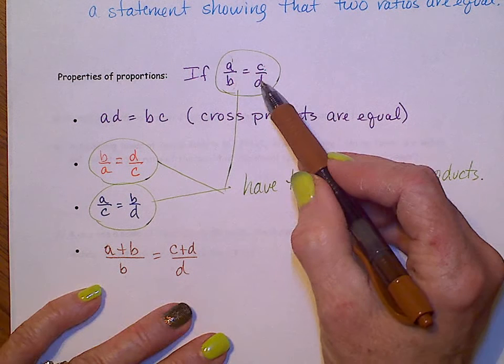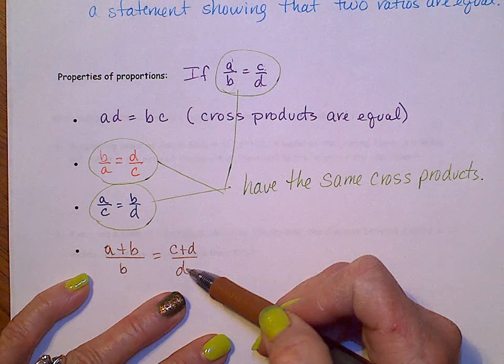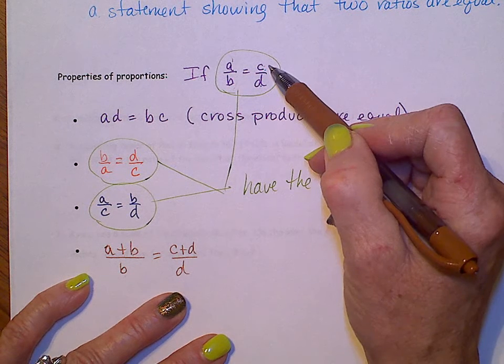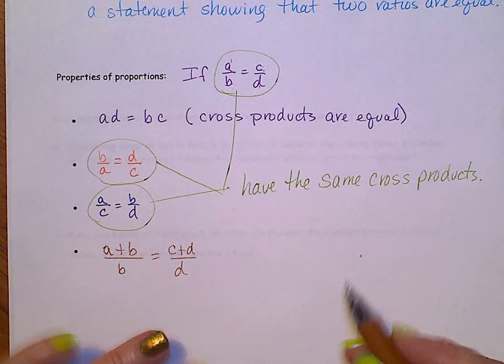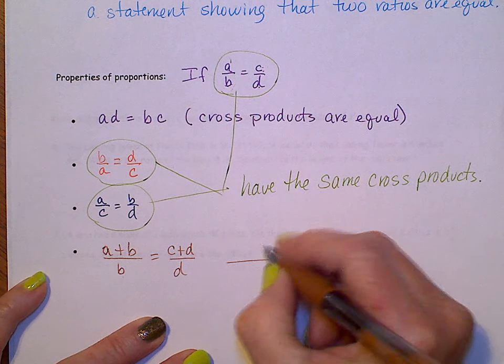Same thing on this side. Took this denominator, added it to the top, and kept that denominator the same. Now that's the pattern, but here's why it works.